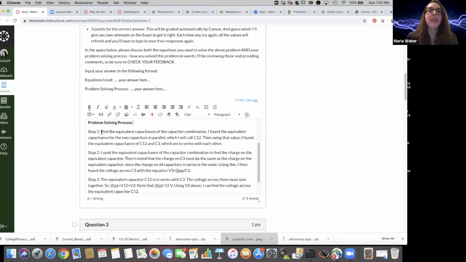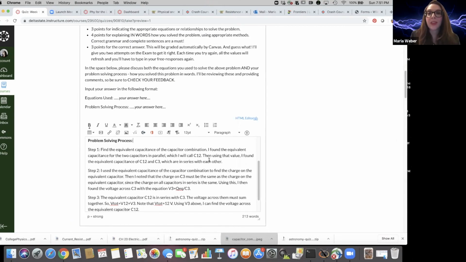I'm going to find the equivalent capacitance of my capacitor combination. I found the equivalent capacitance for the two capacitors in parallel, which I will call C12. Then using that value, I found the equivalent capacitance of C12 and C3, which are in series with each other. I used the equivalent capacitance of the full capacitor combination to find the charge on the equivalent capacitor.